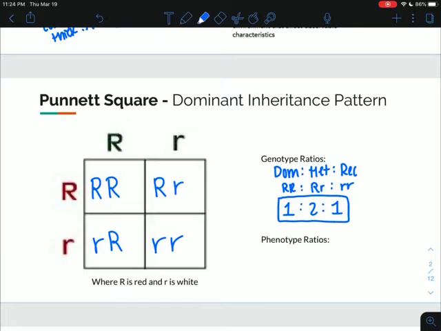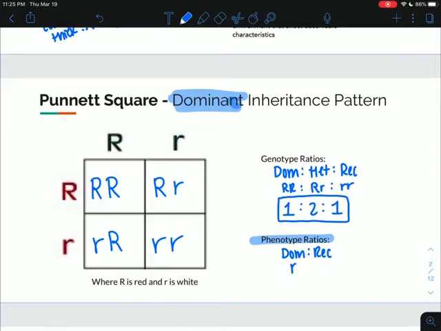Now, here's what's going to change. We are going to talk about different inheritance patterns. Right now we are doing the dominant inheritance pattern, but the inheritance patterns really affect these phenotypes, or what physical characteristics we are showing. In this example, since we are only doing dominant, we are only going to have either a dominant or a recessive.